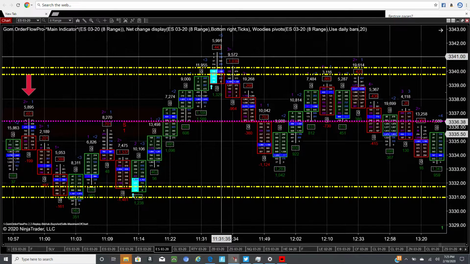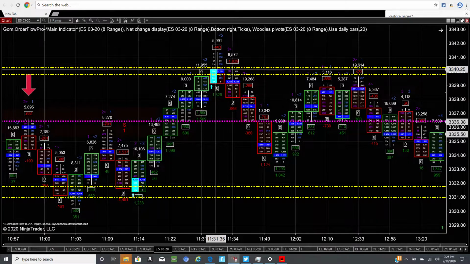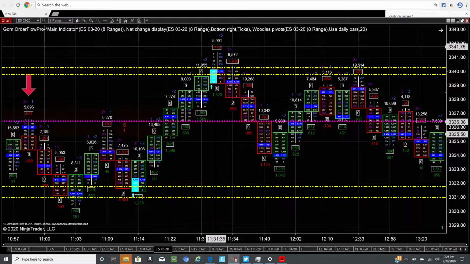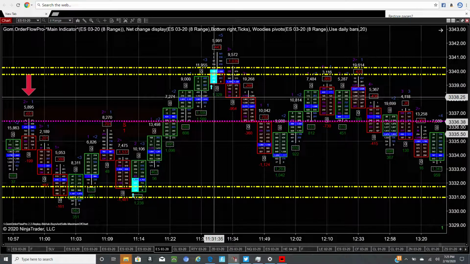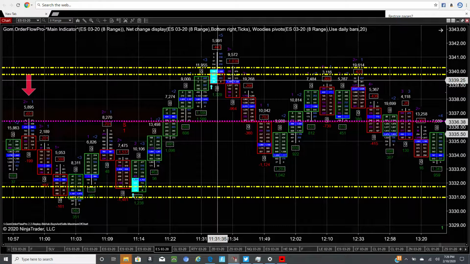So here we've got a yellow zone with a divergence, negative 443 and positive 1329. You start to pick up what I'm throwing down here, how that works.